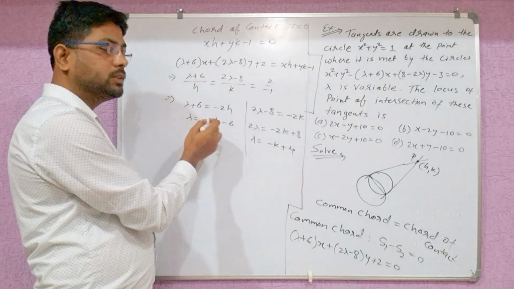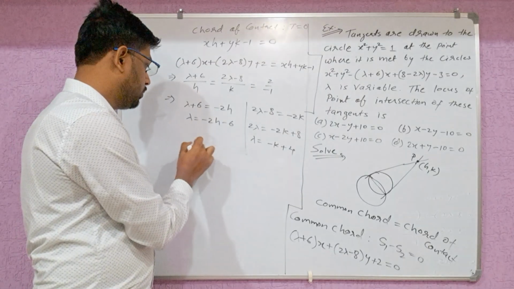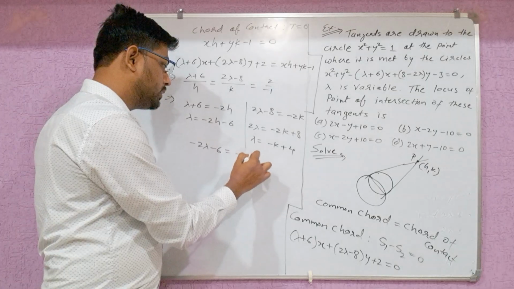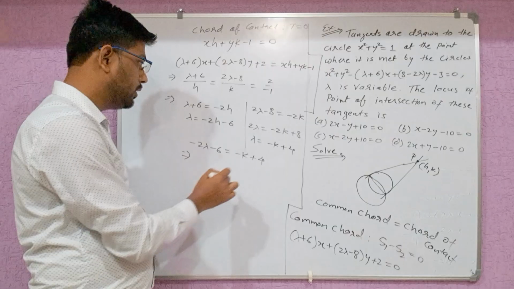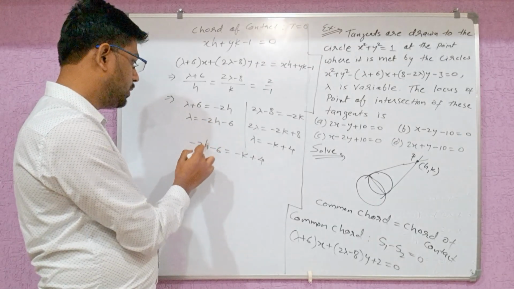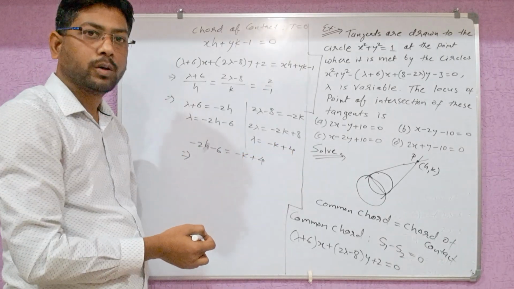So from both of these I can compare the values of lambda: minus 2h minus 6 is equal to minus k plus 4.